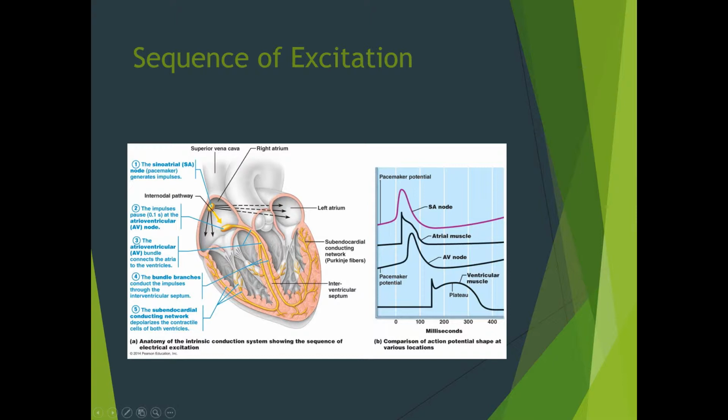And then we go down to the AV bundle, or the bundle of His, and then we're going to split when we get to the interventricular septum into the right and left bundle branches, which will then curve around and become the Purkinje fibers, or the subendocardial conducting network, which I would much rather just refer to as the Purkinje fibers.